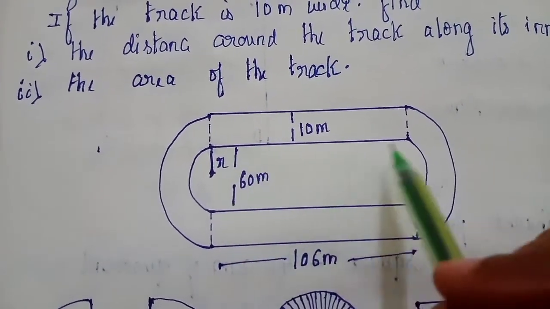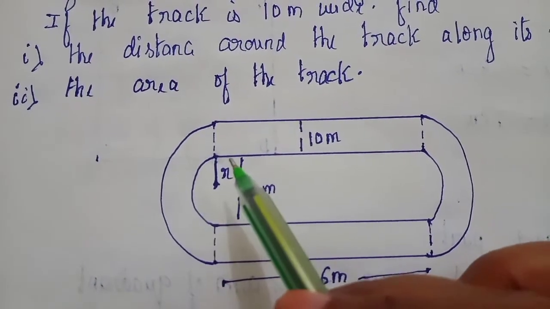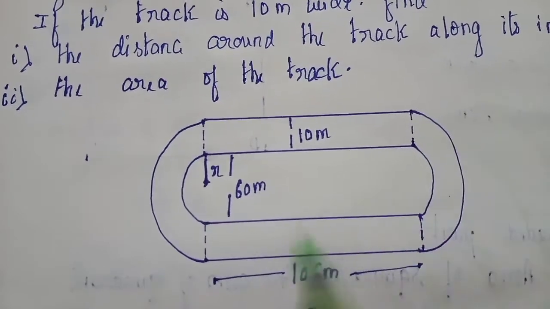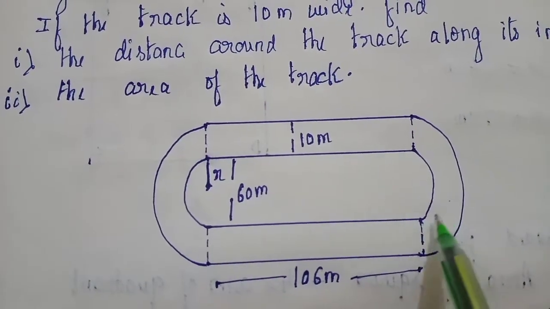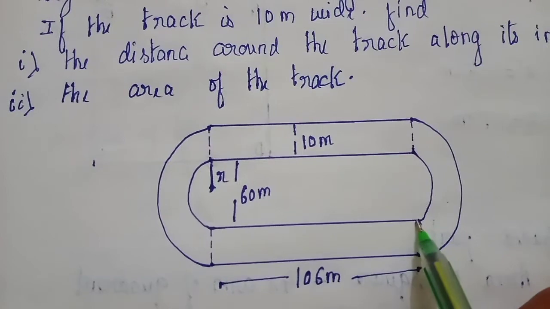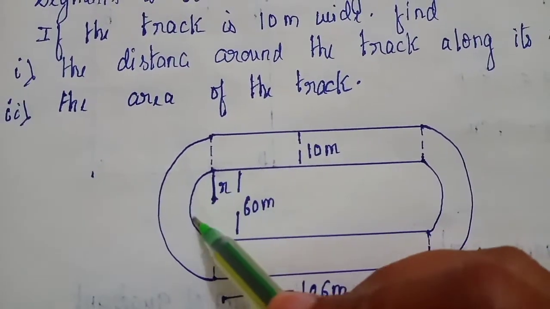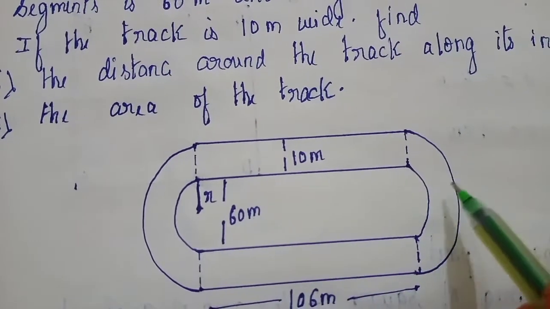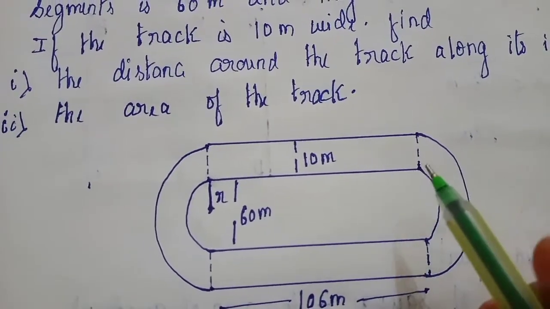So for the inner edge, what is covered here? You can see from here to here one line segment length, that is 106 meter. And from here to here it is also a length of 106 meter. And both the ends you have semicircles. And when you merge these two semicircles, you get one circle.